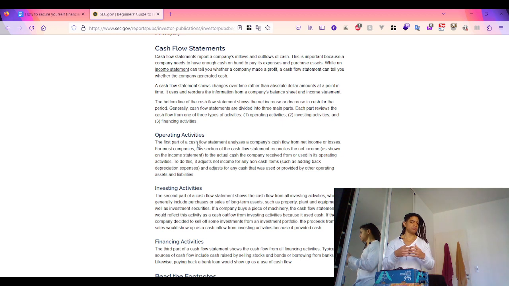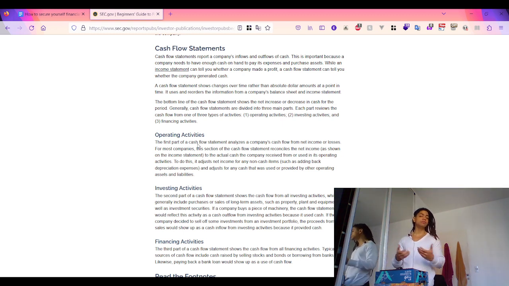So the most common operating activities, we have operating assets and liabilities, right?